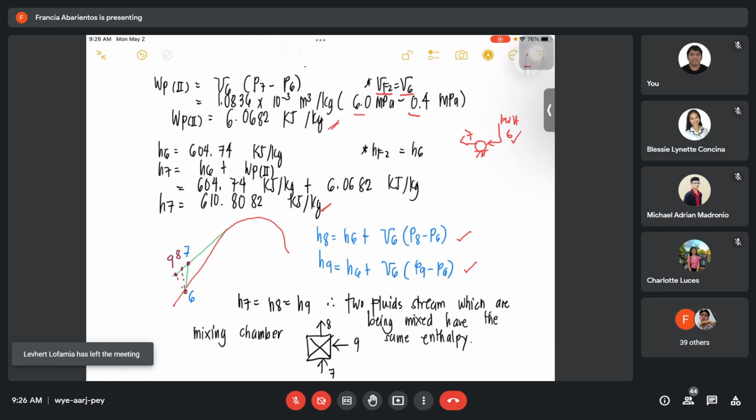Yan yung mga approximation natin para lang siyang ina-add yung certain work of the pump at a given pressure and the enthalpy at entering, which is 0.6. So, nakikita niyo naman ang figure from 0.6 to 0.7 and ayan, yung dotted line natin from 0.6 to 0.8 at from 0.6 to 0.9.